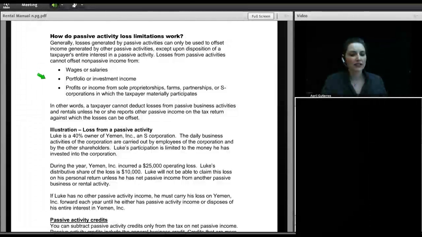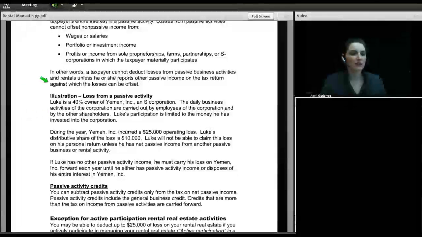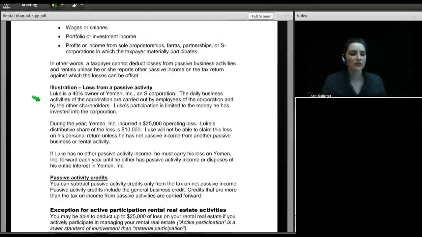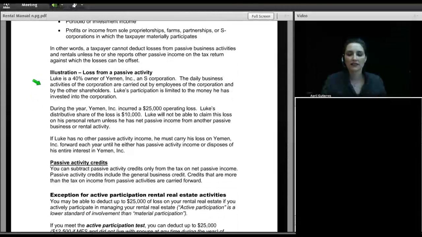Losses from passive activities cannot offset non-passive income from wages or salaries, portfolio or investment income, or profits or income from sole proprietorships, farms, partnerships, or S corporations in which the taxpayer does materially participate. In other words, a taxpayer cannot deduct losses from passive business activities and rentals unless he or she reports other passive activity income on the tax return against which those losses can be offset. Whew, that was a mouthful.